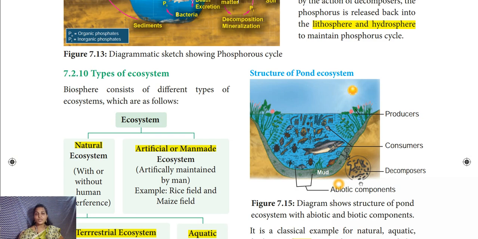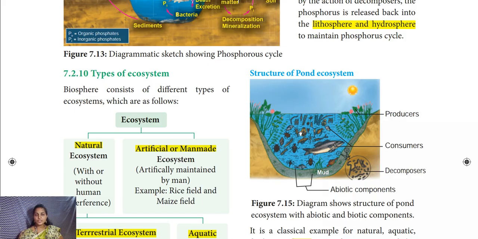For example, in this pond ecosystem, what is there? Plants are there, aquatic plants are there, right? So these aquatic plants definitely need the help of sunlight, so that the photosynthesis process will be done by these plants. So they liberate oxygen, and for their respiration, what do they need? They need oxygen, right?